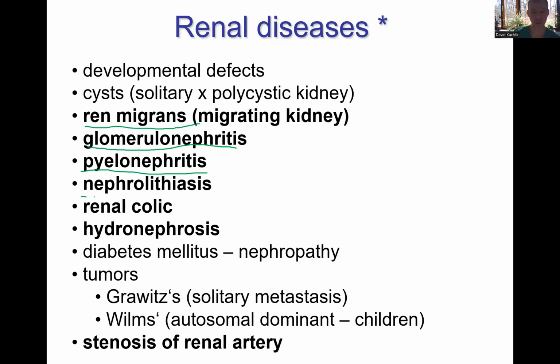If there are stones in the hollow system, then it's called nephrolithiasis, and it can cause a blockage and really severe pain in the back, which is called renal colic. If the renal colic is not treated, it can cause hydronephrosis, which means that the urine is not removed, not voided from the pelvis or ureter.